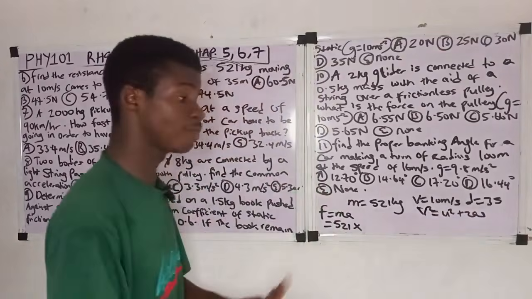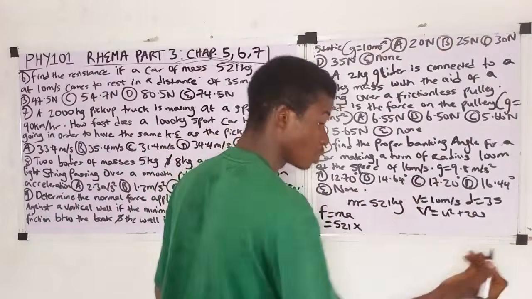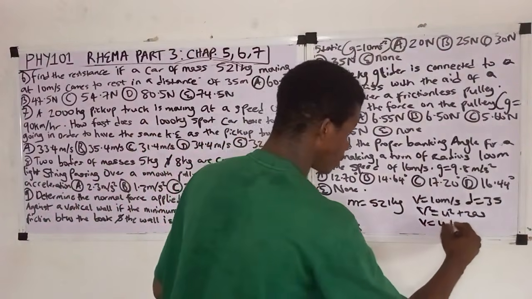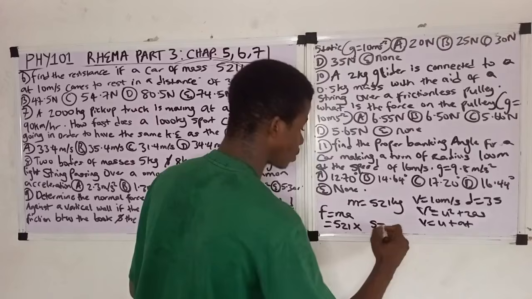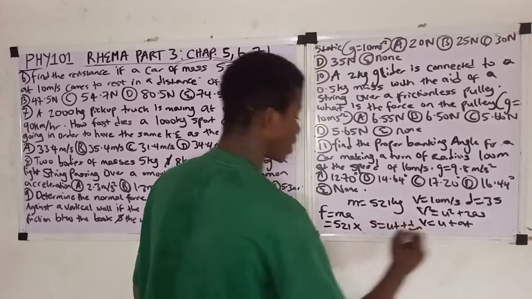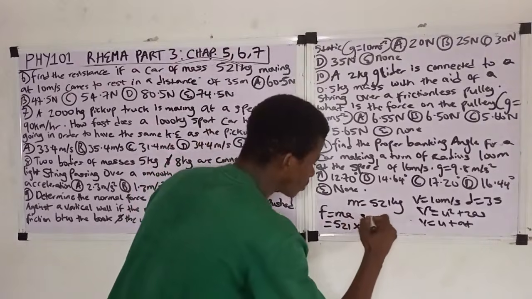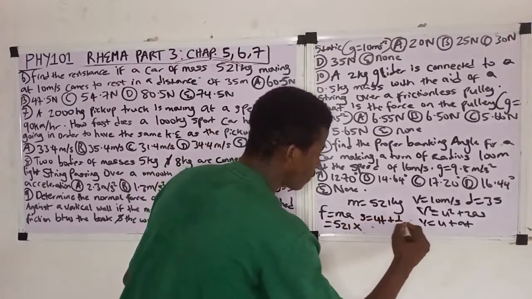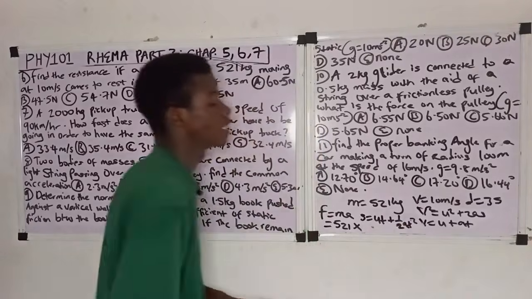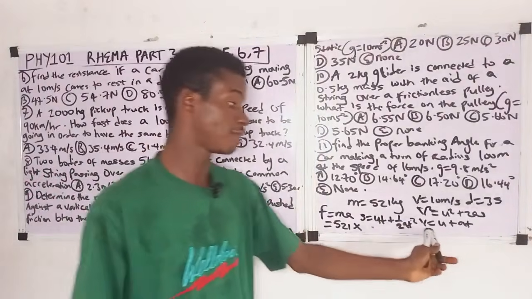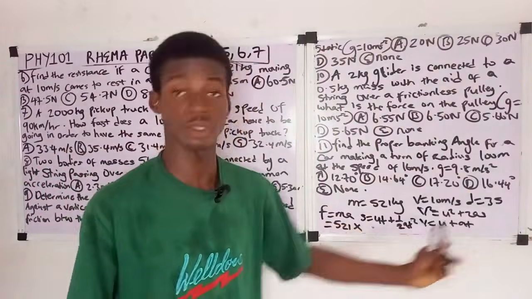So remember there are three equations of motion, right? V equals u plus at. The other one, s equals ut plus half at squared. The reason we're not going to use these is because of time.